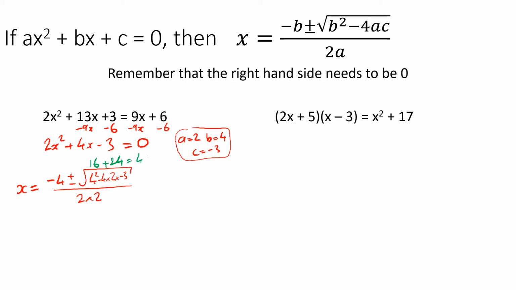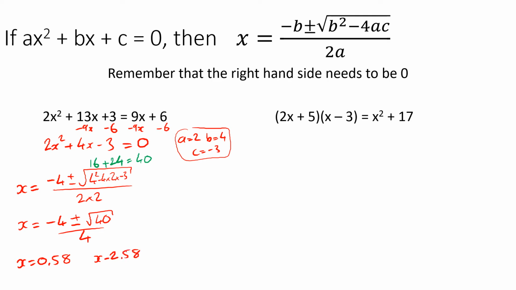So that would be 40 inside the square root. So x is equal to minus 4 plus or minus square root of 40 over 4. And that would give us final answers of 0.58 and minus 2.58.